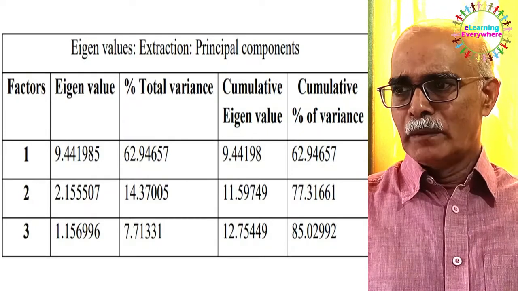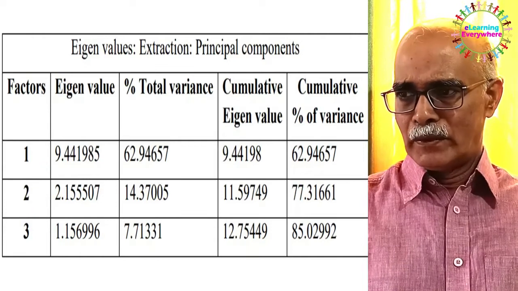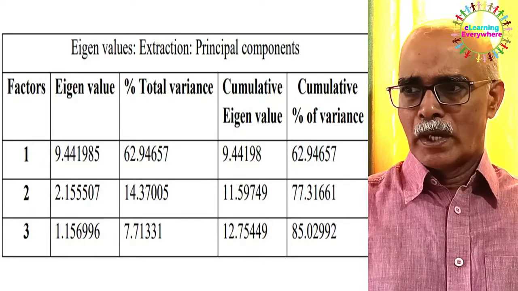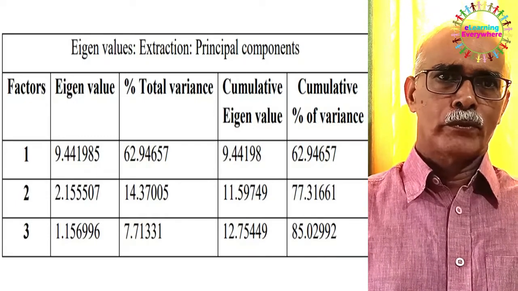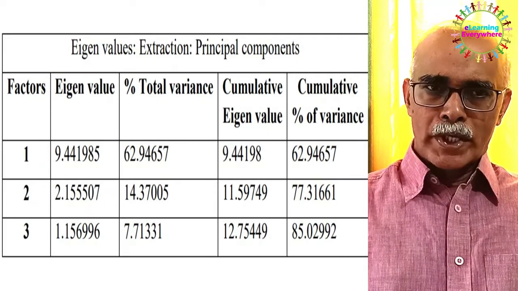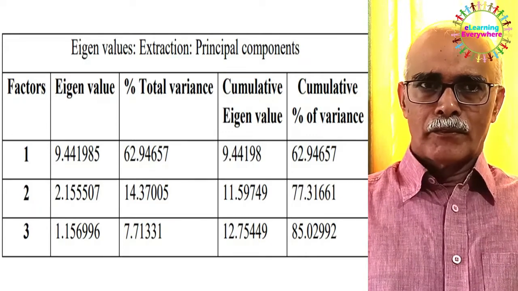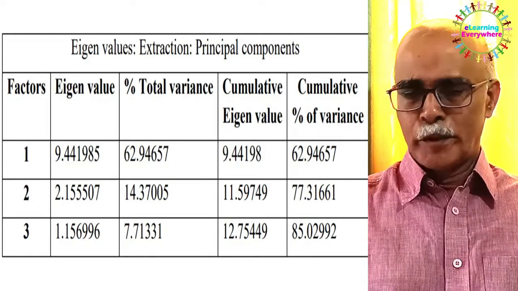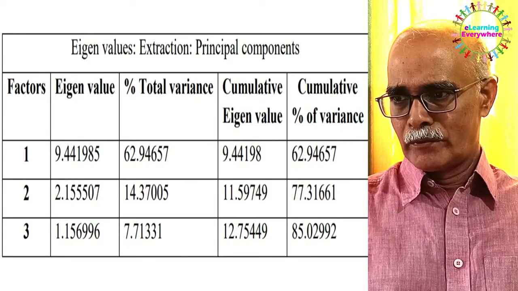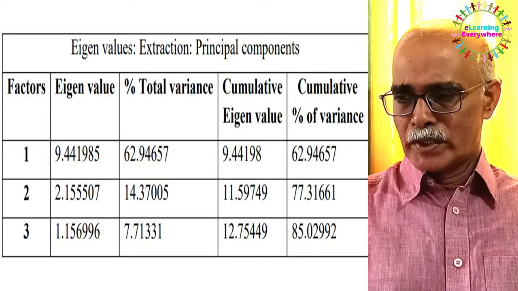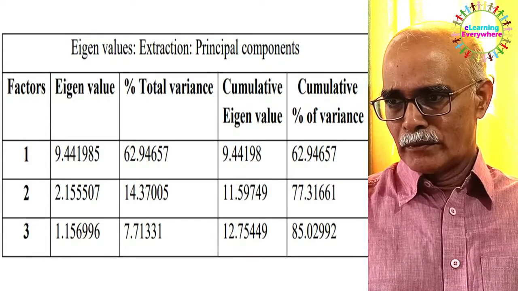And in the table presented here, the extraction of eigenvalues is shown, and principal component analysis has been used for that. From the present data, 3 factors have been extracted, and the first factor has an eigenvalue of 9.44, the second factor has an eigenvalue of 2.15 or 2.16, and the third factor has an eigenvalue of 1.56.